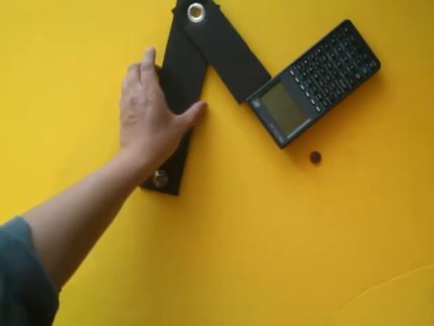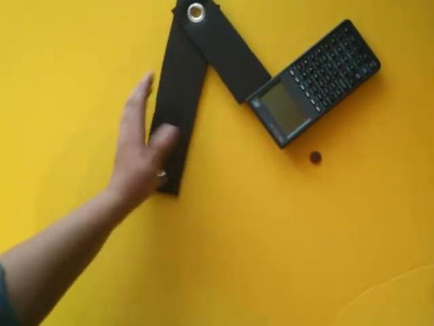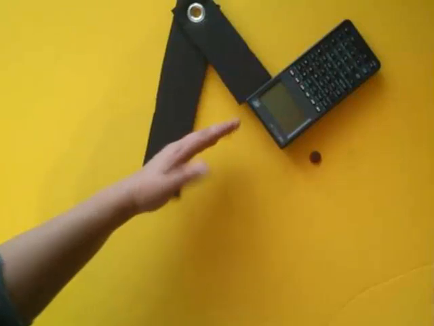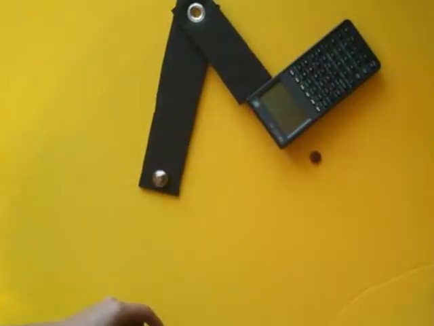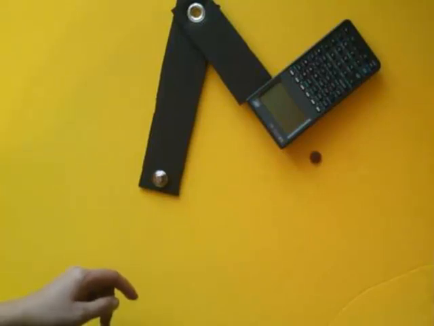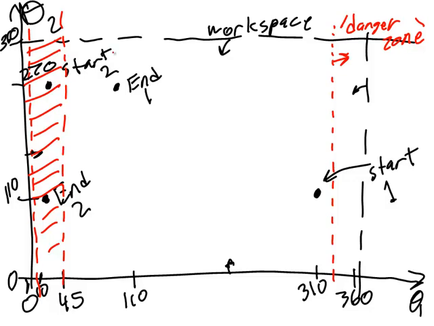When the joint number 1 is less than 80 degrees, there's a possibility that the second link will collide with the obstacle. I'm going to go mark that in my configuration space as well. 80 degrees is around here. So I'm going to mark a little arrow here and say that this is another danger zone.